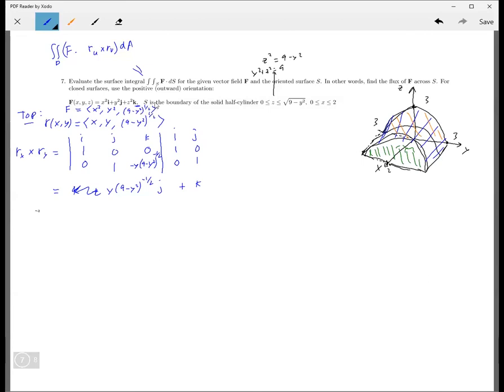Taking the dot product of those is going to be x squared times 0 plus y squared times y times this, over, again, I'm going to write it over that, 9 minus y squared, plus this one times k.